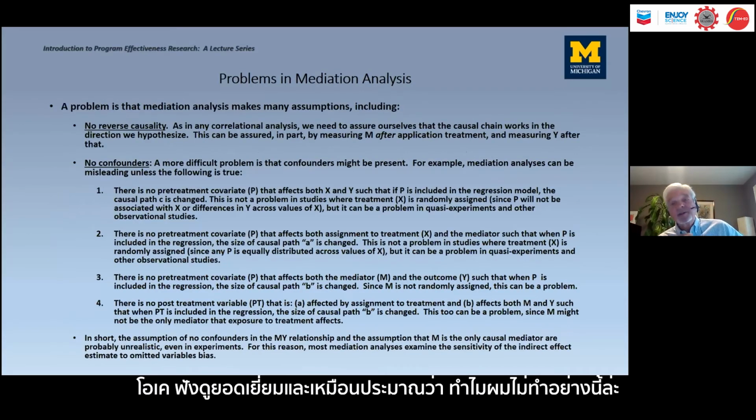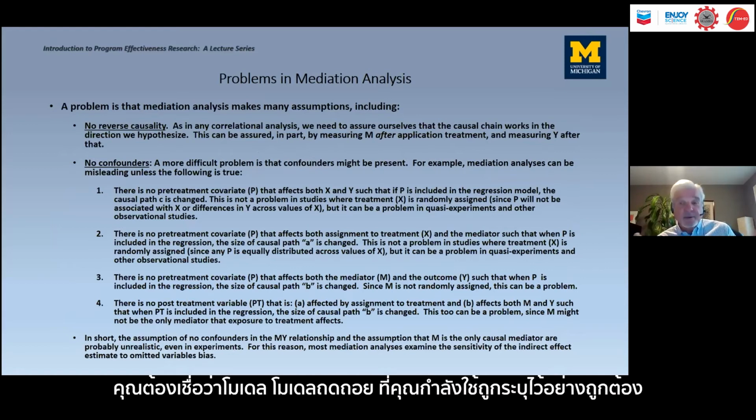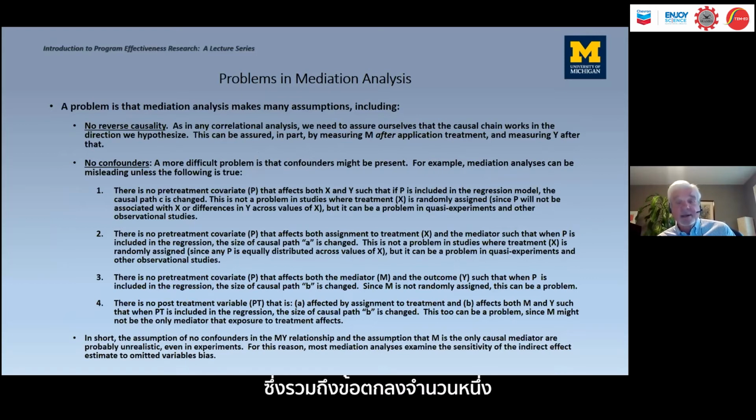Okay, this sounds great, and it's like, why wouldn't I do this? Well, one reason is there are many, many assumptions going on here. Recall that I said at the outset of this little presentation that you had to assume that the regression model you were using was properly specified. That includes a number of assumptions, only some of which can really be tested.